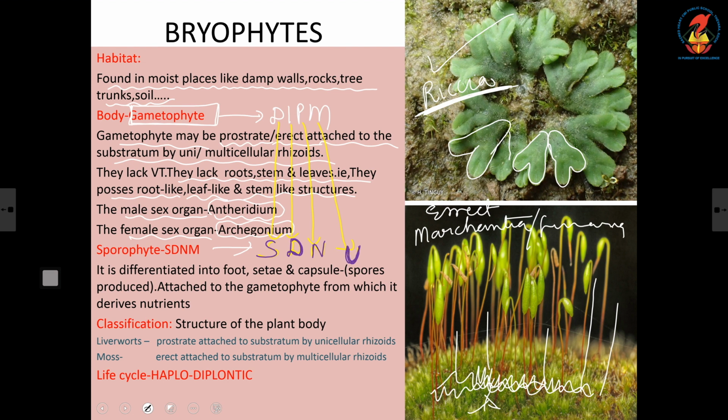Now here, short-lived is justified, correct. It is short-lived. It is dependent. Yes. It is non-photosynthetic, but it is not unicellular, it is multicellular. Now I will make you find out which is the sporophyte in this diagram.